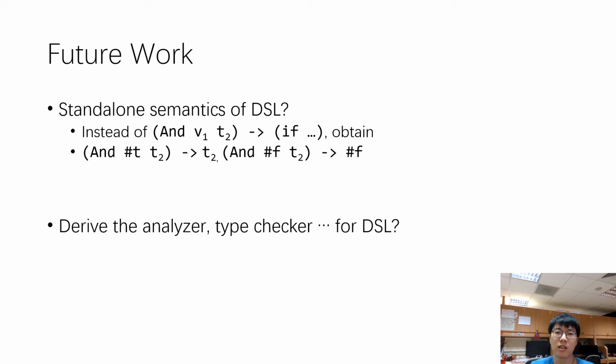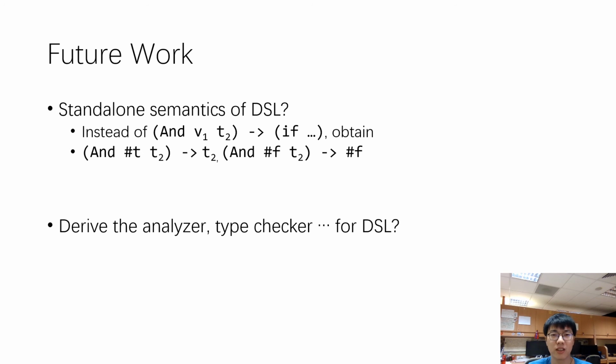For the last section, let me describe something about future work. The most related work is to obtain the standalone semantics of the DSL. You may remember that we only use the context rules of the core language, but it's possible to make use of reduction rules so that the surface language will not depend on the core language.